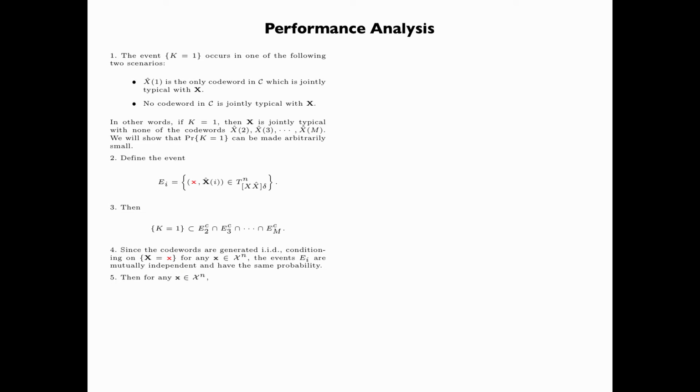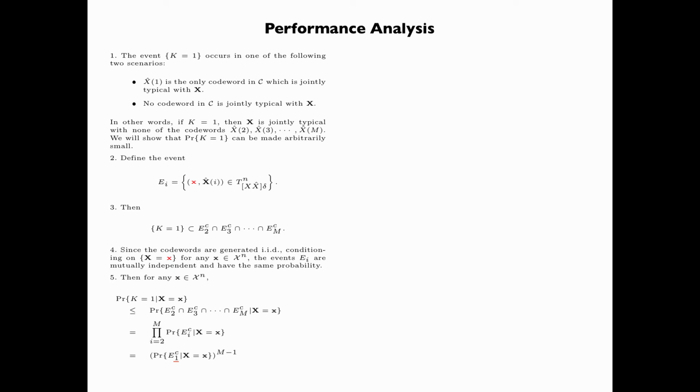Then for any particular source sequence x, the probability that K equals 1 given X equals x is upper bounded by the probability of E2 complement intersect E3 complement intersect all the way to EM complement, conditioning on X equals x. Because the events E2 up to EM are independent, this probability is equal to the product from I equals 2 up to M of the probability of EI complement given X equals x.